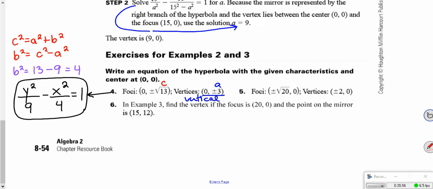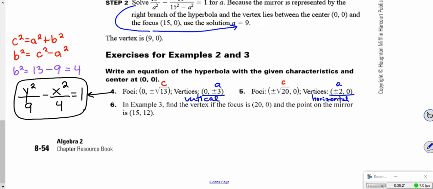Okay, next one. Again, this is my C, this is my A. And because this is on the x-axis, I know this one is horizontal. So I know when I go to write this sucker that the x squared is going to go in the front.